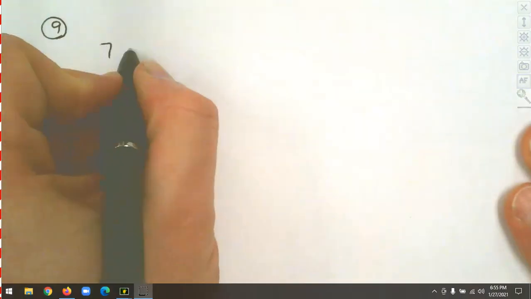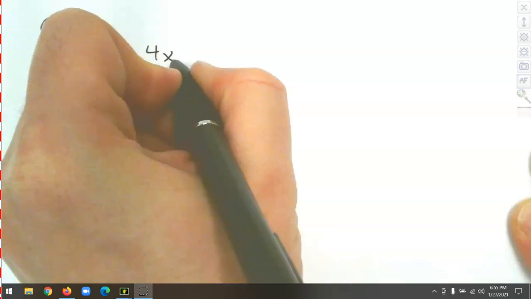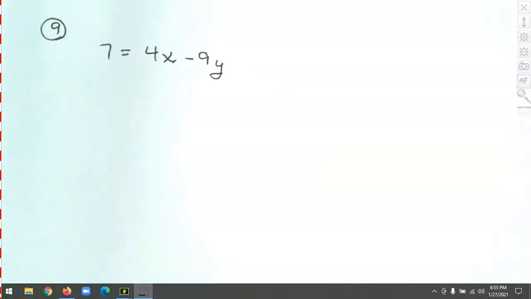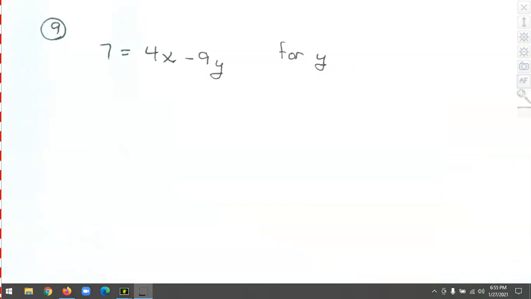So for question 9, we've got 7 equals 4x minus 9y, and we want to solve this for the variable y. We'll do this a lot in chapter 2. When we work with graphing equations, we'll be solving for y all the time.